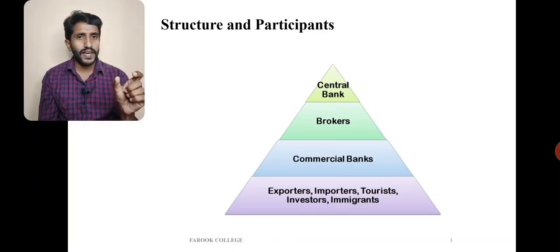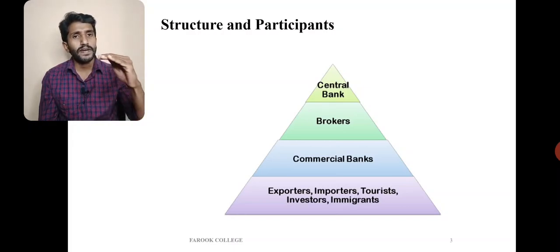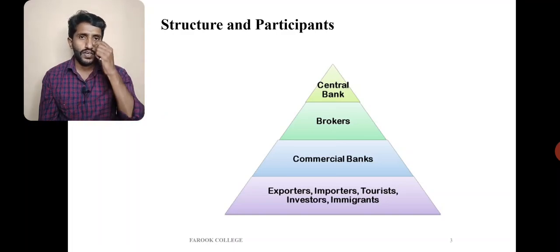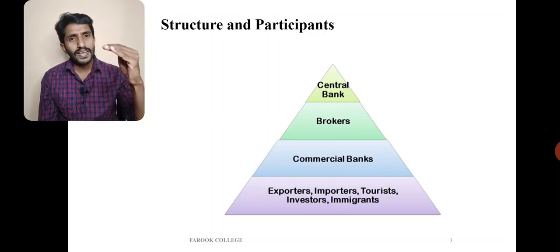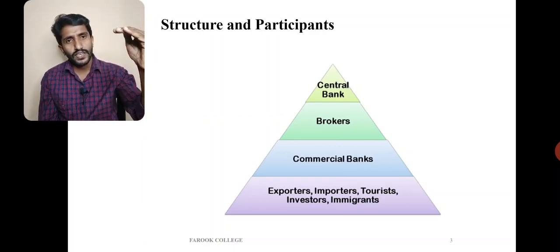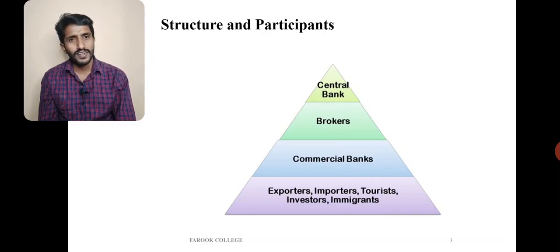So the central bank, or the reserve bank of any country, will be the apex body of this forex market. They will decide what kind of market should work. Okay, so the central bank is the upper authority of this forex market.